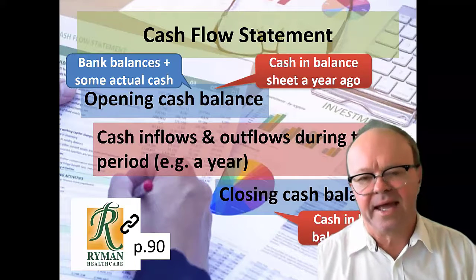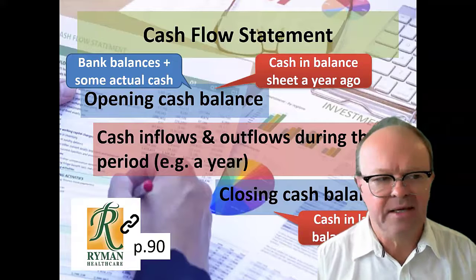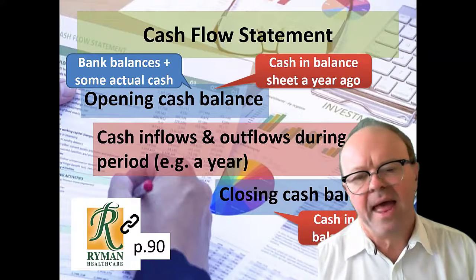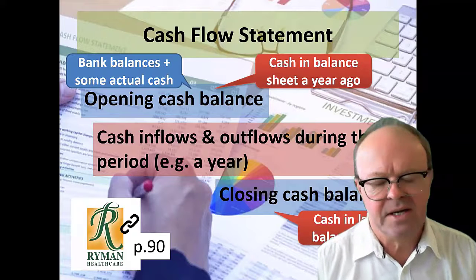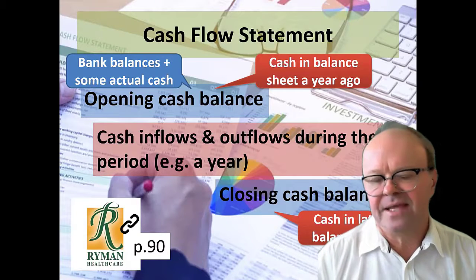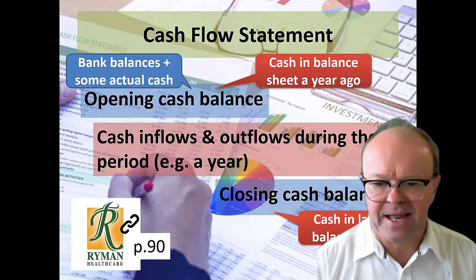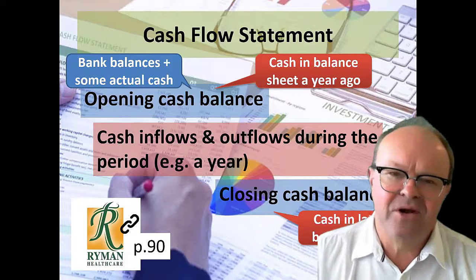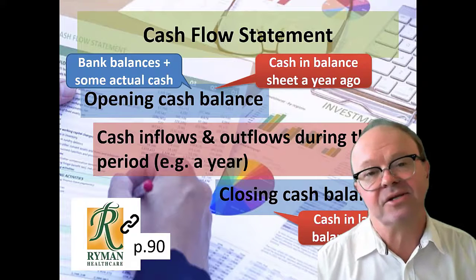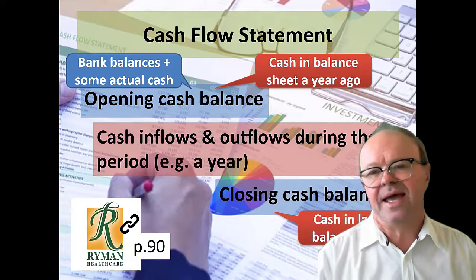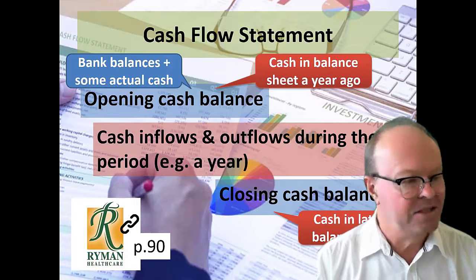We then look at the cash inflows and outflows during the year. And then we got the closing cash balance, which for Ryman Healthcare was $20.1 million. And that's the cash in the latest balance sheet. So what the cash flow statement tells us is how we got from the opening cash balance, the cash in the balance sheet last year, to the cash in the balance sheet this year.